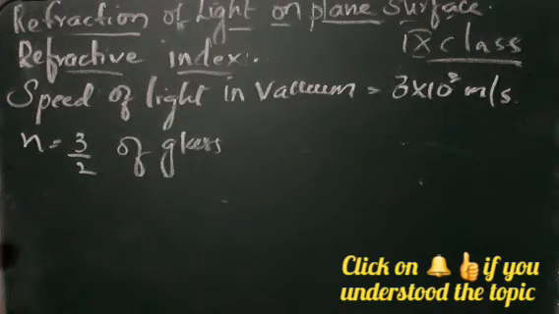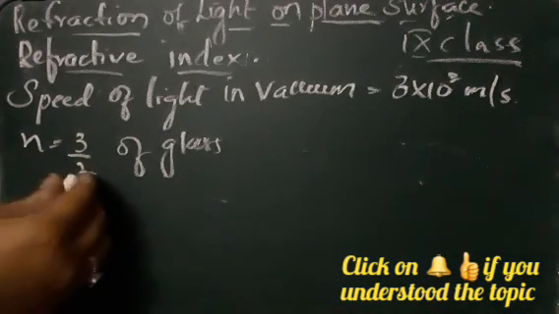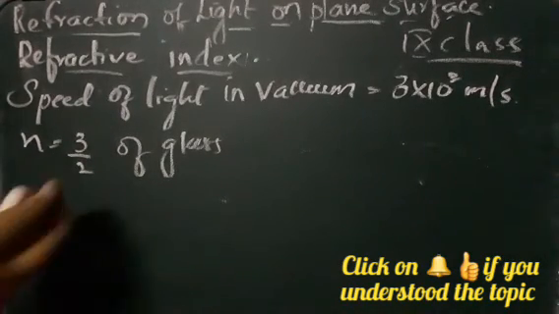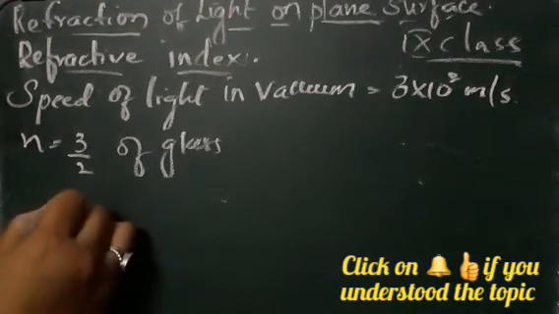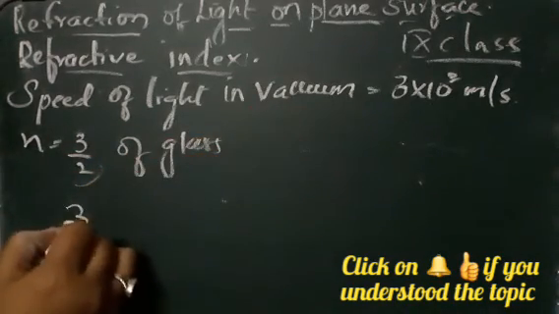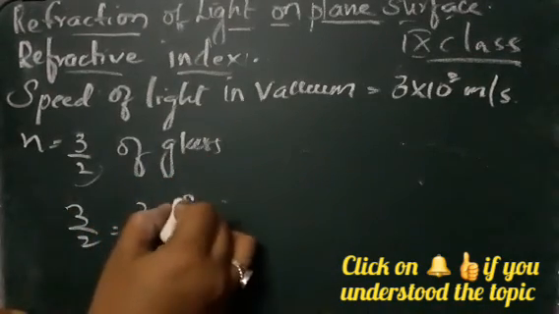So what we are doing simply is taking it vice versa, we are just dividing it. When we are taking the ratio, what will you get? 3 by 2 equals 3 into 10 to the power 8 divided by v.